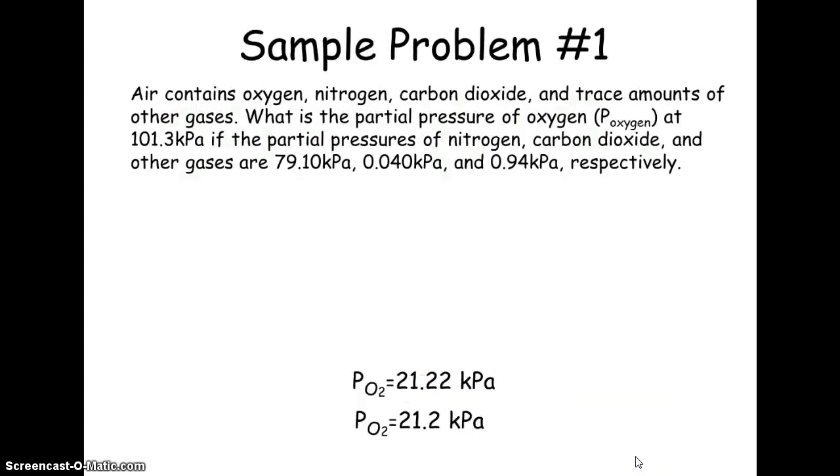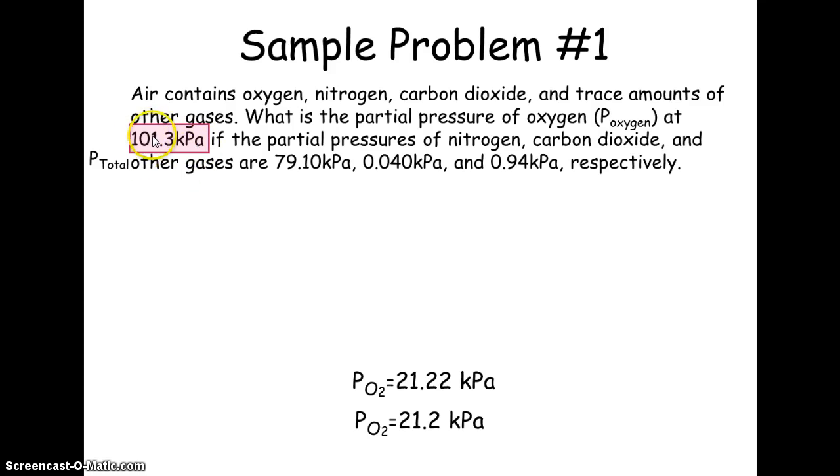So let's look at how we can solve a problem with Dalton's law. Now we know that air contains oxygen, nitrogen, carbon dioxide, trace amounts of hydrogen, some other gases. We want to find out the partial pressure of oxygen if we know the partial pressure of nitrogen, carbon dioxide, and other gases. So we know that our total pressure is going to be 101.3 kilopascals.